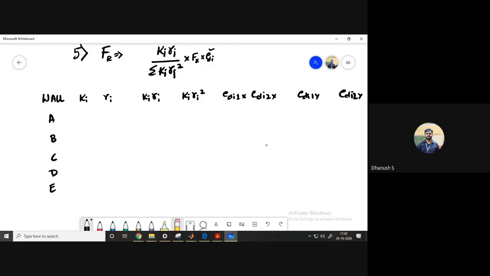What is the K for the first wall? K only. Second wall: 1.4K. Then K, D was 2.5K, and 2K. Ri we just calculated. What were the values?